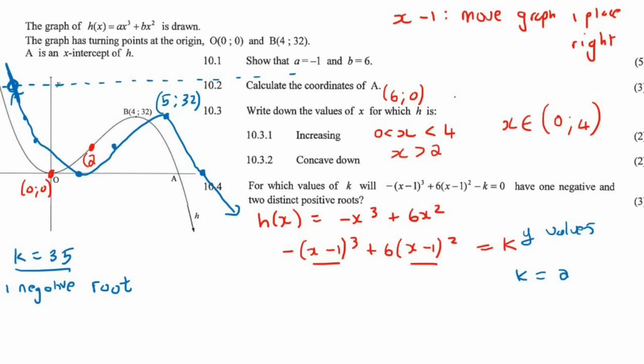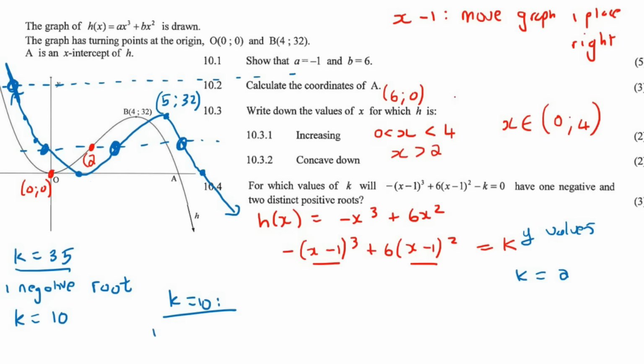Now, what if k is equal to 10? So k equals 10 is probably somewhere here. How many times does it cut the graph now? Well, it cuts it here, here, and here. Now obviously I don't know exactly where it would have cut, I'm just using some examples.